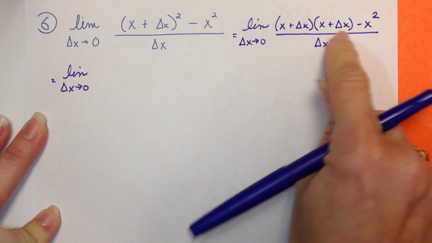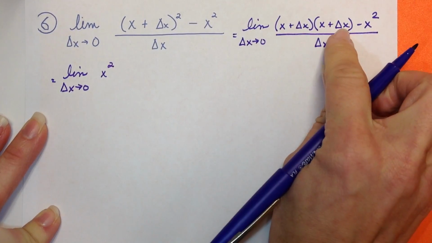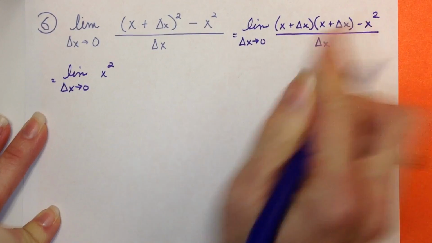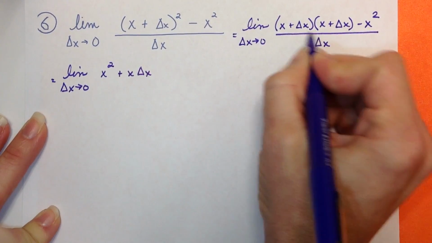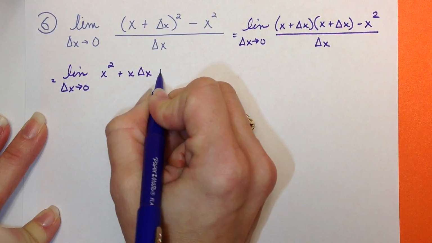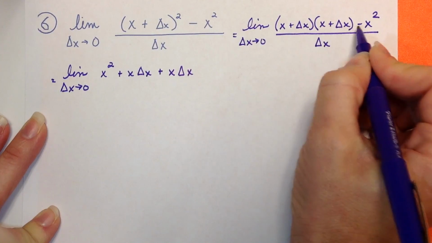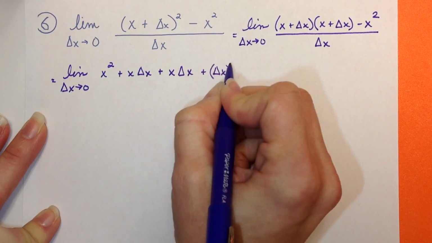Alright, so if I FOIL this out, x times x, and then x times delta x. Now this x is not the same thing. So x times delta x is just x delta x. And then same thing here, delta x times x. And then delta x times delta x would be delta x squared.